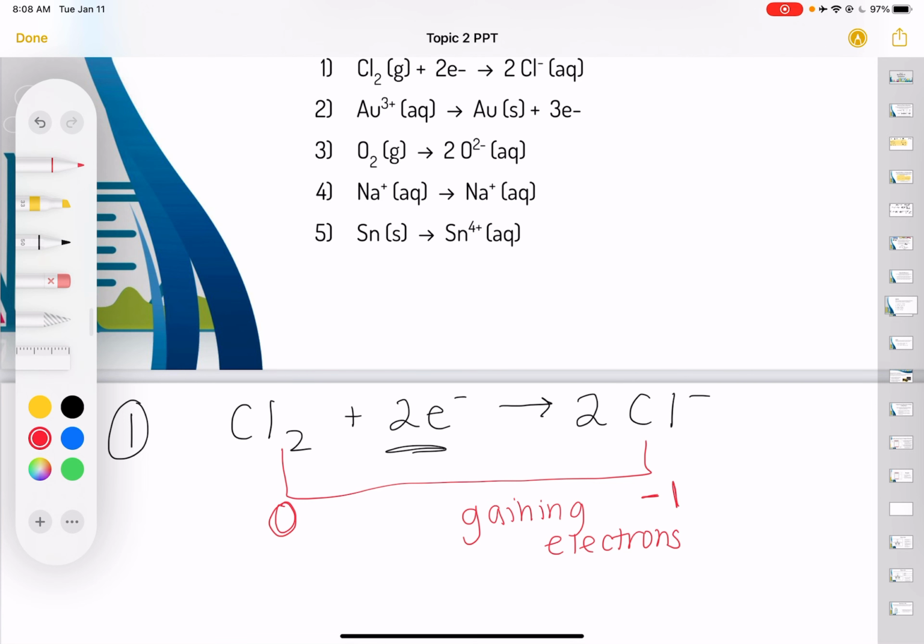The reason it says 2 electrons is because there are 2 chlorides. Really, I was just looking at 1, but it doesn't matter. We're just gaining electrons, whether it's 1 or 2, we're still gaining. And gaining electrons, if we look back to my little mnemonic, which is OIL RIG, gaining is reduction.